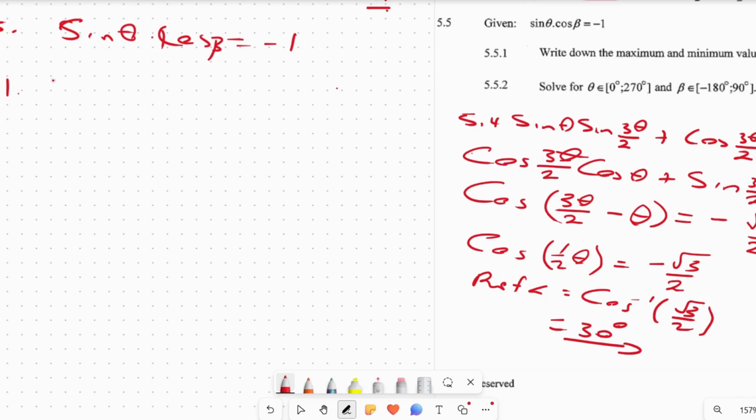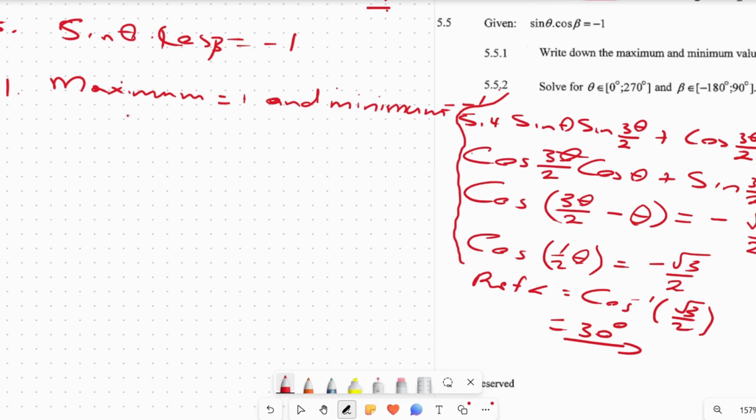So this one is a maximum when it is equal to 1, and a minimum when it is equal to -1. So that is what we know.